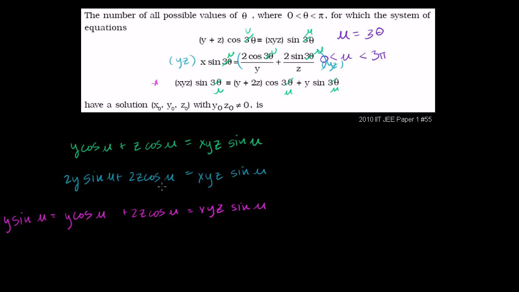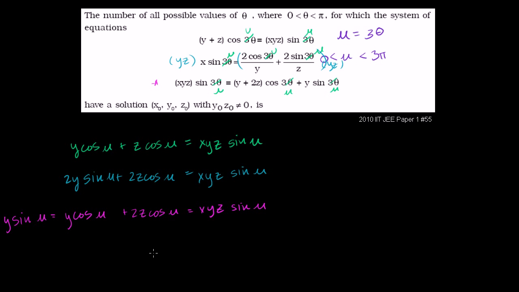The problem looks a lot less daunting right now. And let's try to figure out the number of u's between 0 and 3 pi that will give us a solution here. So let's see. All of these three equations are equal to this expression right over here. So the left-hand sides of these equations all have to equal each other, because they all equal the exact same value.